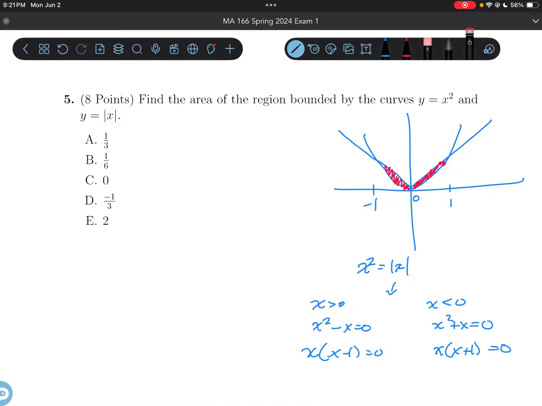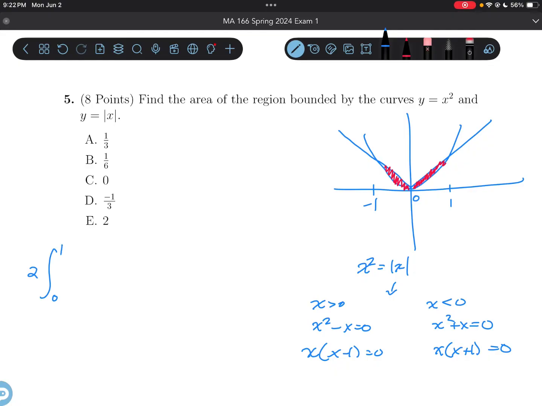Since the two curves are symmetric, the area of this region is equal to this region because both regions have the same shape. So all we need to do is find the area of this region over here and then multiply by 2. So 2 times the integral from 0 to 1.